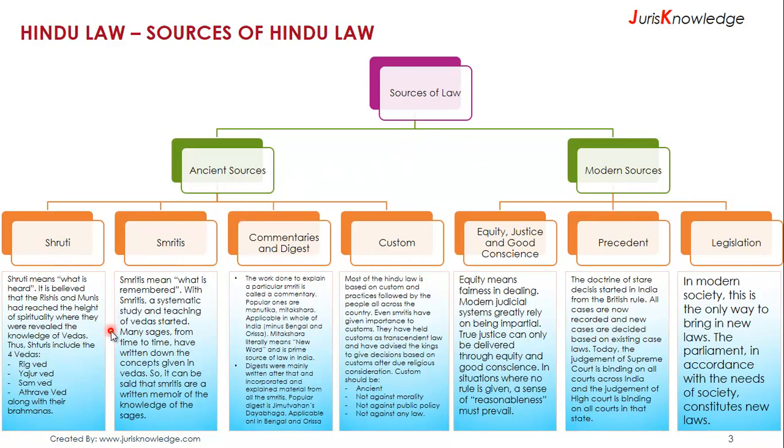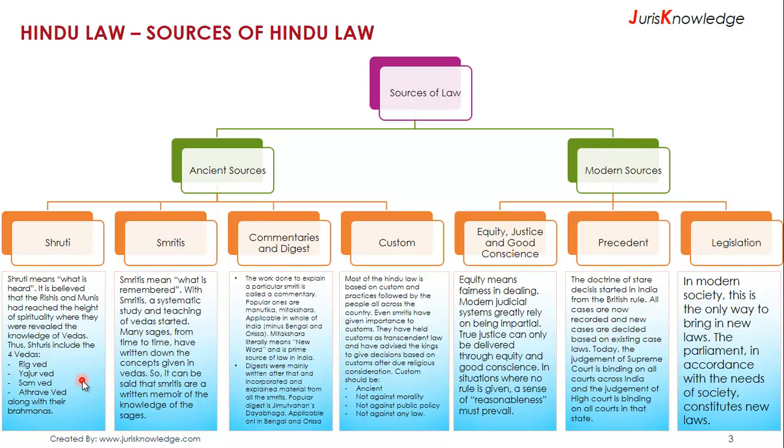Now, if you look at in detail what the Shrutis are, Shruti means what is heard, which means what the person has listened. It is believed that the rishis and munis had reached the height of spirituality where the knowledge of Vedas was revealed to them by the gods themselves.